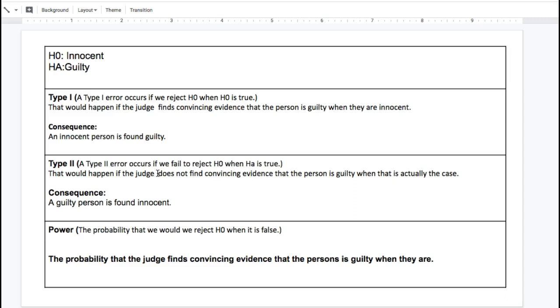So the judge does not find convincing evidence that the person is guilty when that was the case. So basically a guilty person is found innocent. Now, power would be the probability of the judge finding convincing evidence that the person is guilty when they are. So basically, we ran our test and it worked.